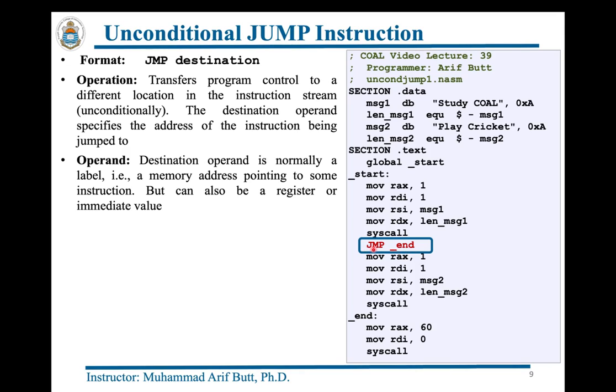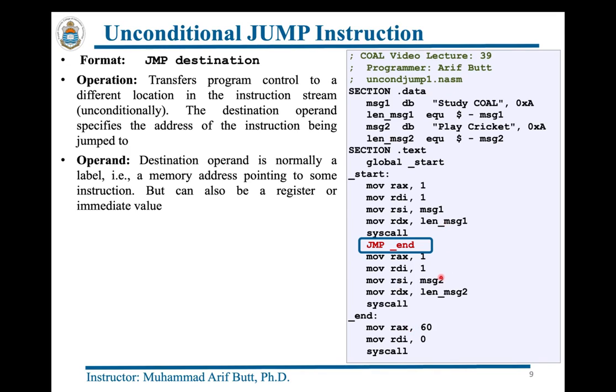So after this jump instruction, instead of executing the move rax comma 1 instruction, the control will transfer to the instruction following the label end, that is over here, and will execute the instruction move rax comma 60. And this jump instruction does this by changing the contents of the instruction pointer register, that is RIP. Soon we will see a demo of this.